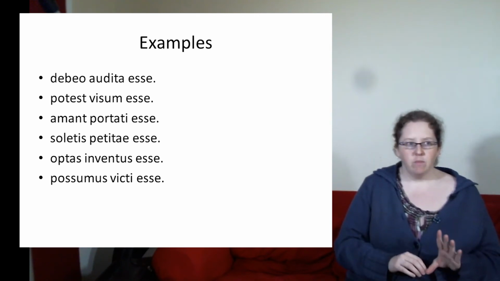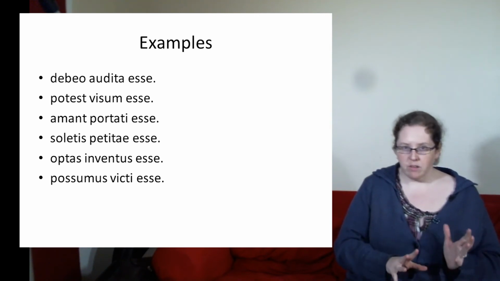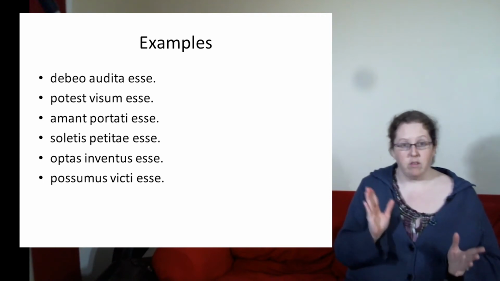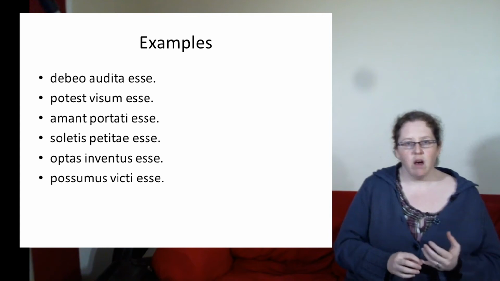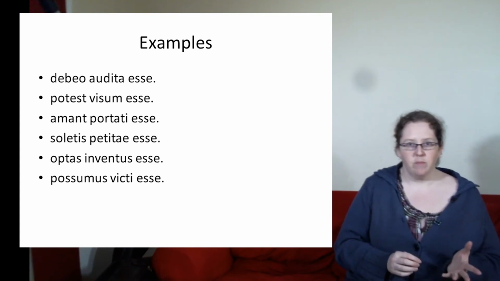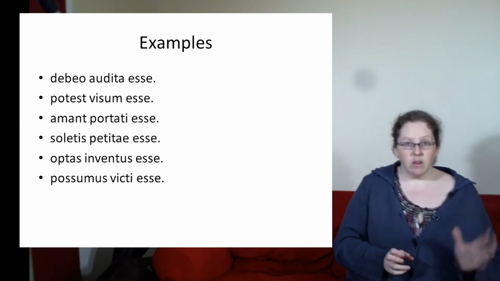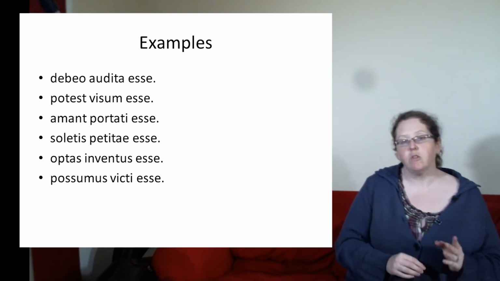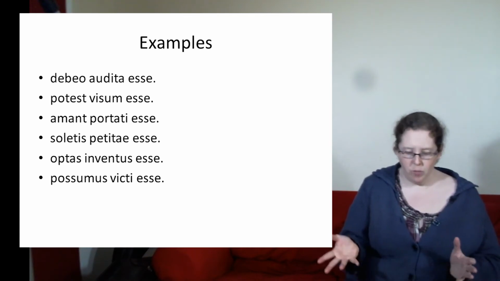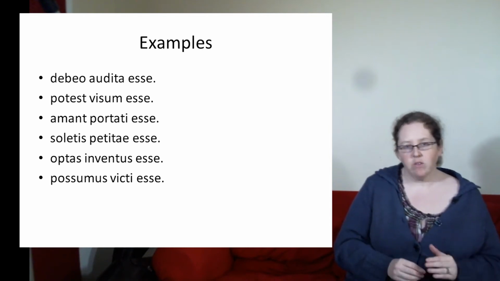So debeo, that O at the end tells us that the subject is I, and of course this is also present, indicative, and active. So debeo is I ought, or I should. We know that debeo often takes a complementary infinitive to explain whatever it is that you should do. So debeo audita essa.